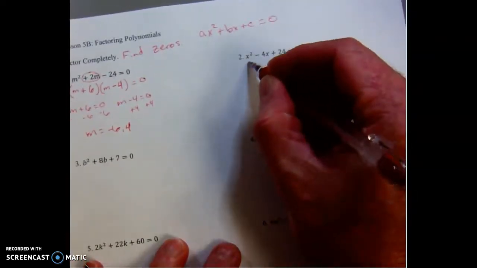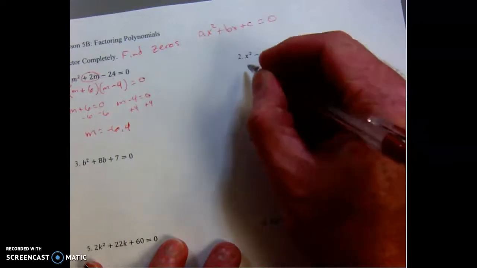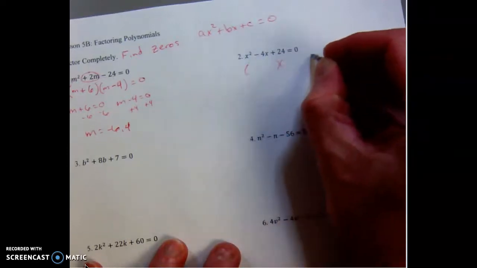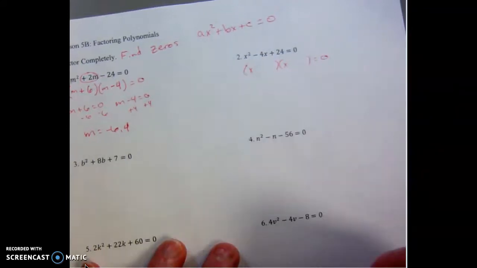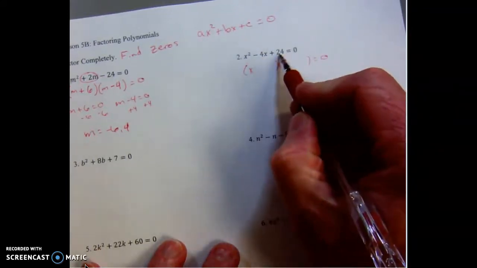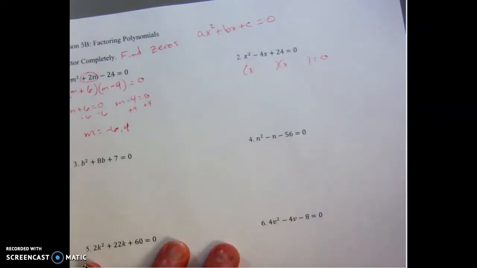Again, the a value is 1 because there's nothing in front of the squared term, so I'm just going to go after factoring it. I've got x and x to give me x squared. Factors of 24 that add up to negative 4.